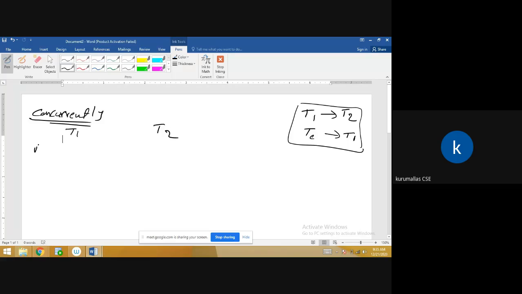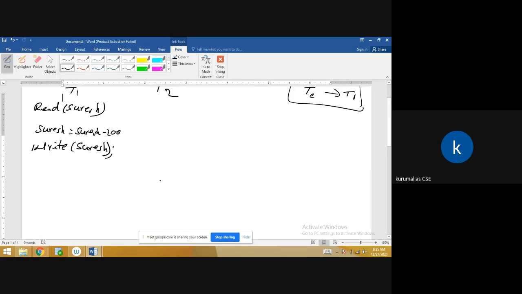initially we have to read Suresh account. After that, Suresh equals Suresh minus 200. Once you decrement, we have to update Suresh account. Okay, 200 rupees decremented.